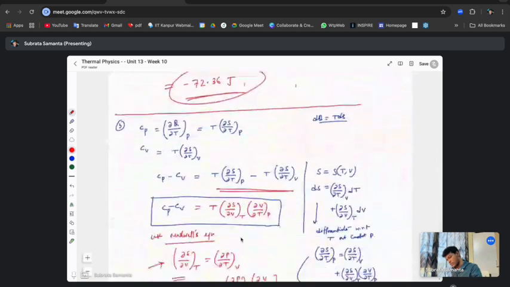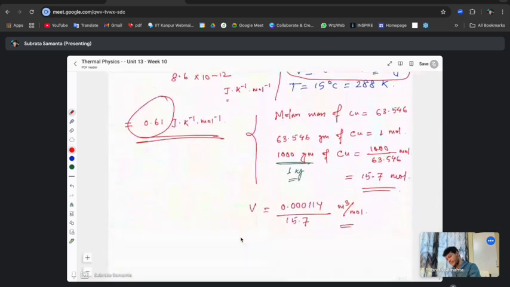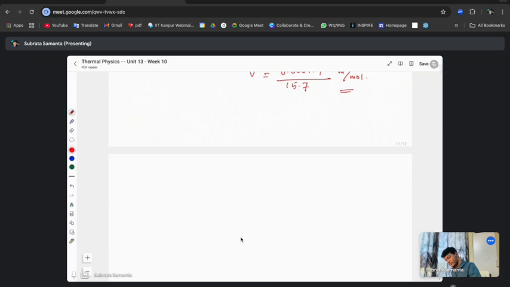Problem number 5. First I derive the Kt over Ks.